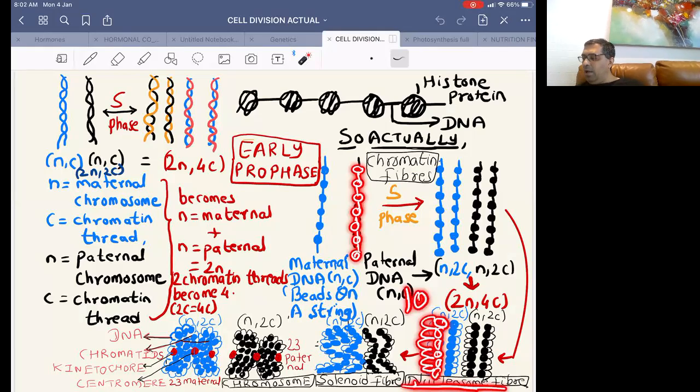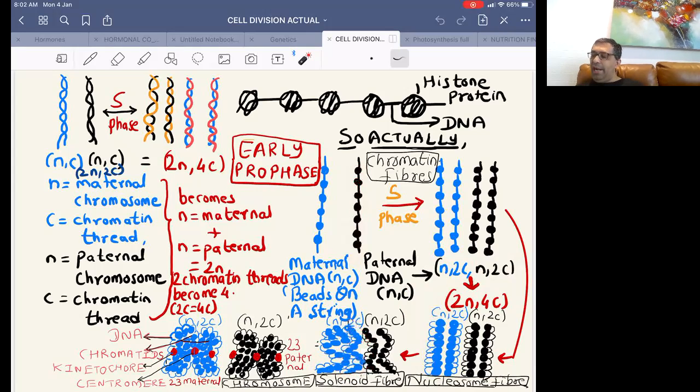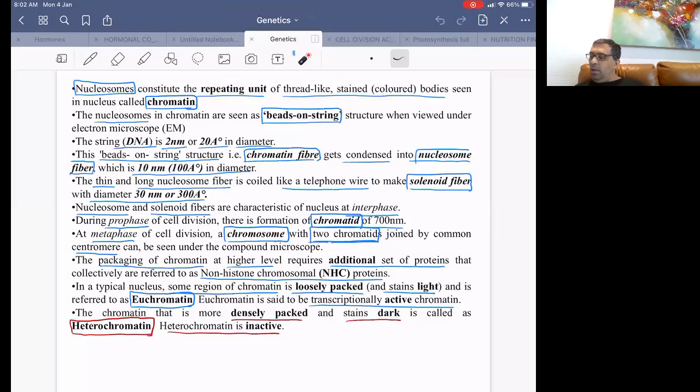And that will be 10 nanometer or 100 angstroms, which will then get packed into a telephone wire-like appearance, which is called a solenoid. That solenoid fiber is 30 nanometer or 300 angstroms.